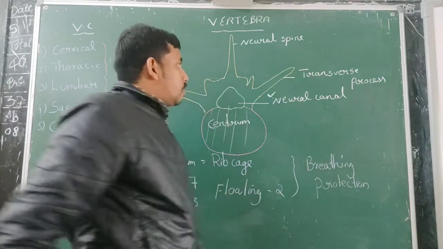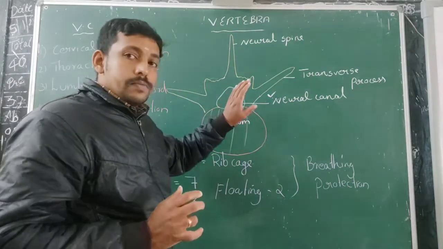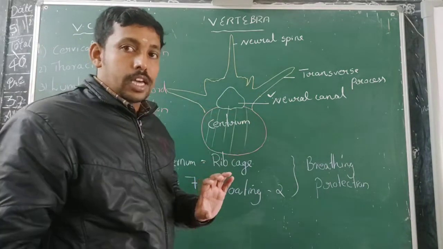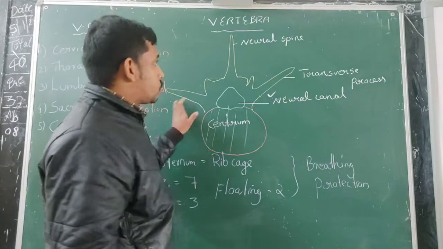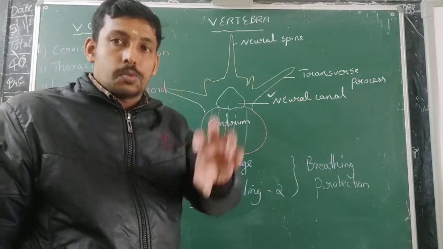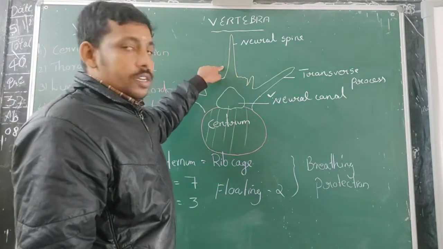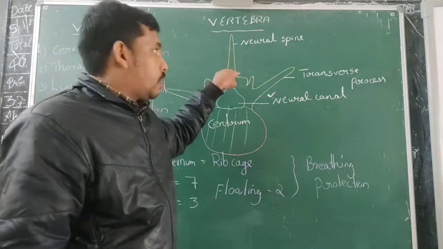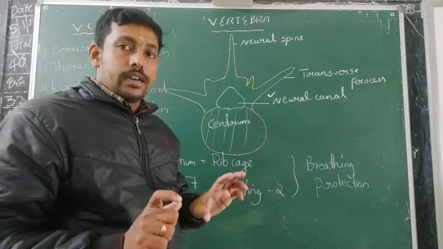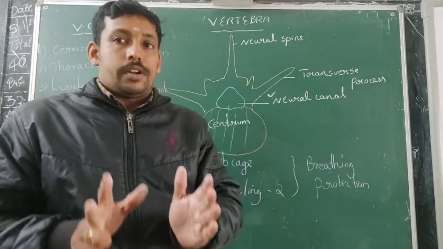Adjacent to this neural canal we see some processes, known as the transverse processes. It's a pair of transverse processes. And there is a pointed portion, known as the neural spine. So we have to have an idea regarding the parts of a typical vertebra.